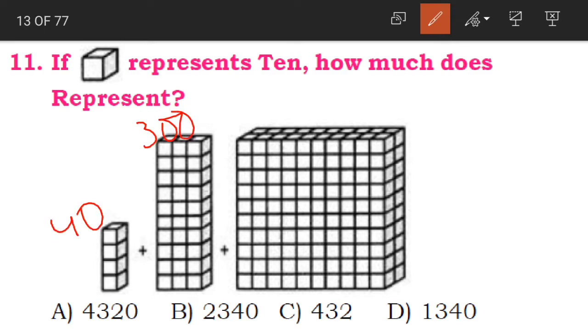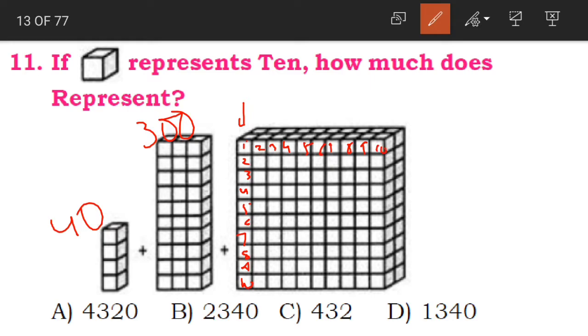The next set of blocks is 300. Now moving on to the last set of blocks. 1, 2, 3, 4, 5, 6, 7, 8, 9, 10. Again 100, right? 100 in each row. 1, 2, 3, 4, 5, 6, 7, 8, 9, 10.